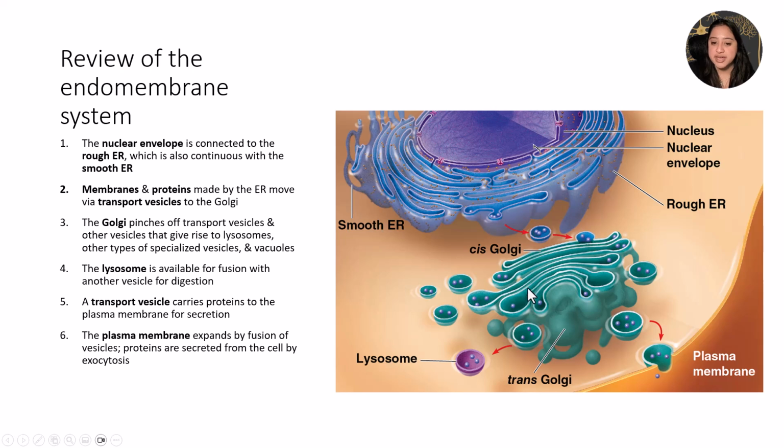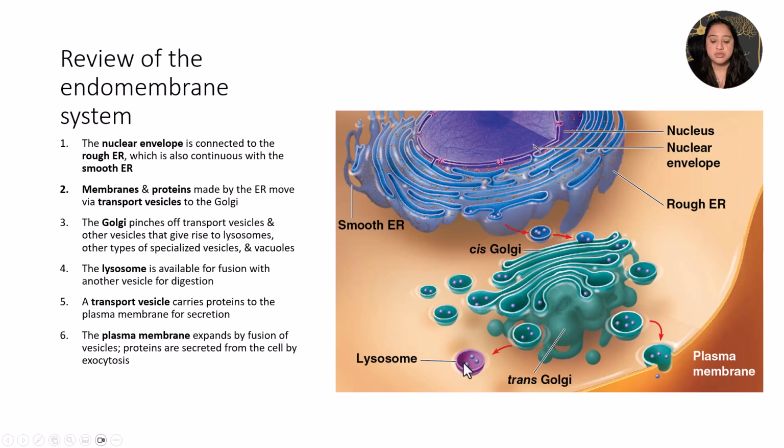The products might get modified, and then the Golgi pinches off transport vesicles and other vesicles that will maybe give rise to lysosomes or other specialized vesicles and vacuoles.